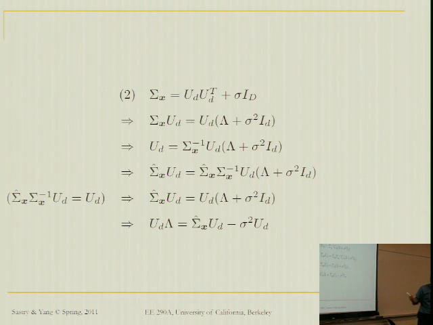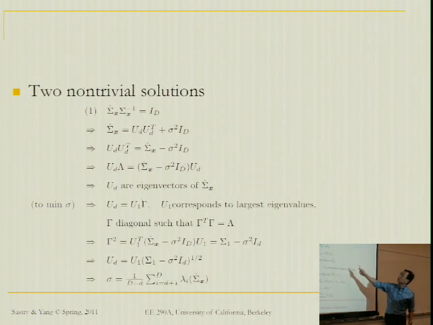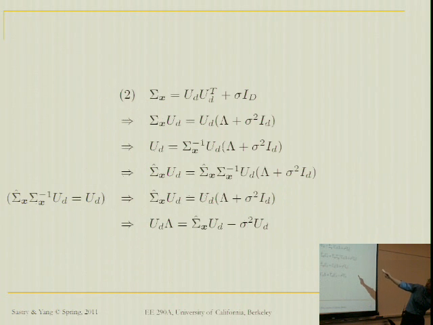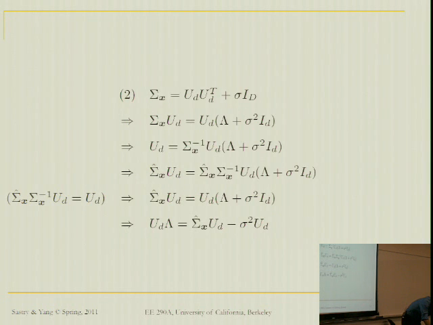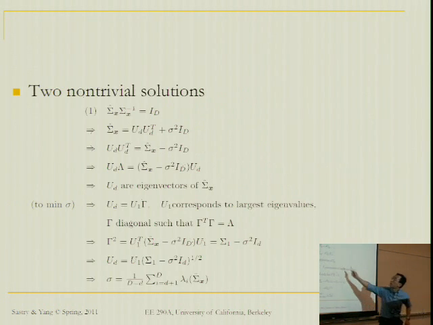You can see that even if I don't assume that sigma hat x times the sigma hat inverse is equal to identity, I still get back to this constraint. So where's this constraint? This constraint is used right here.